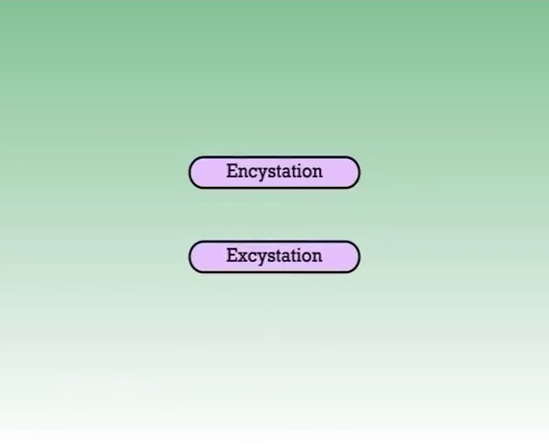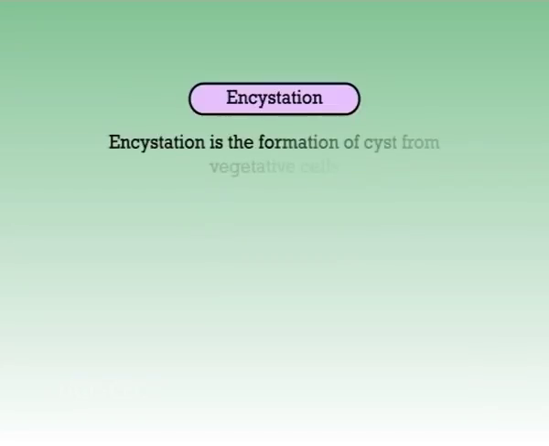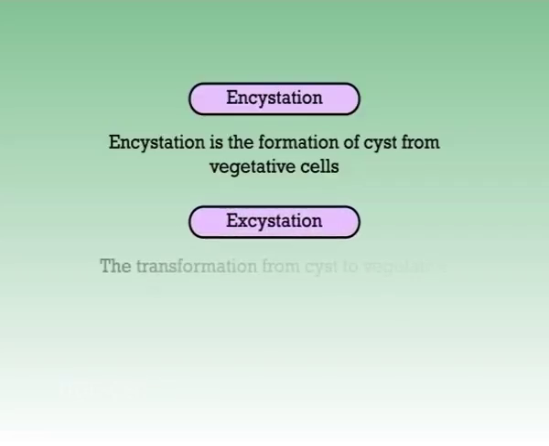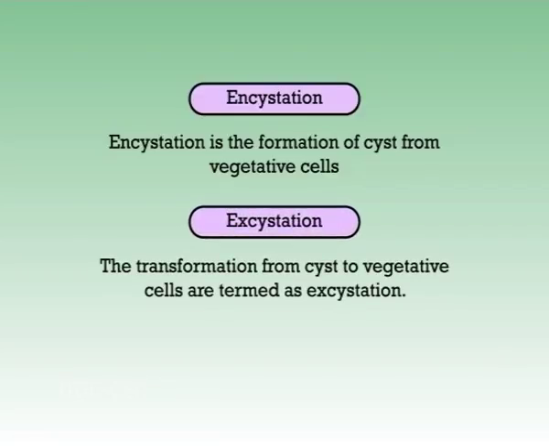We'll see what these two are. Encystation is the formation of cyst from vegetative cells, whereas the transformation from cyst to vegetative cells is termed excystation.